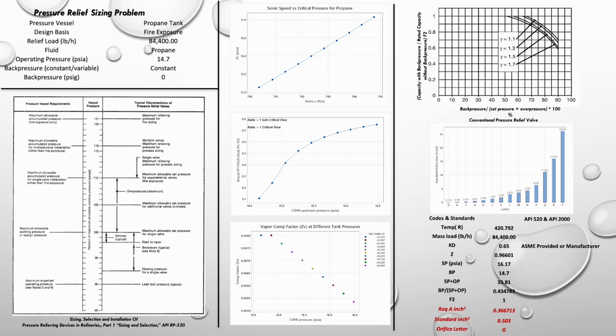Anyway, after you are doing this calculation, you're going to find out that the required area is not going to be exactly around the standard area. It's going to be somewhere between two standards, one smaller than the required and one standard higher. Without telling, you're going to have to pick the higher one.